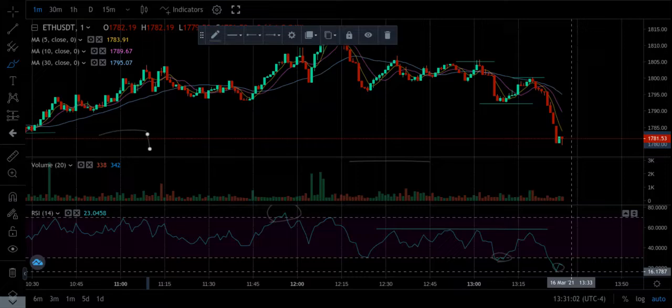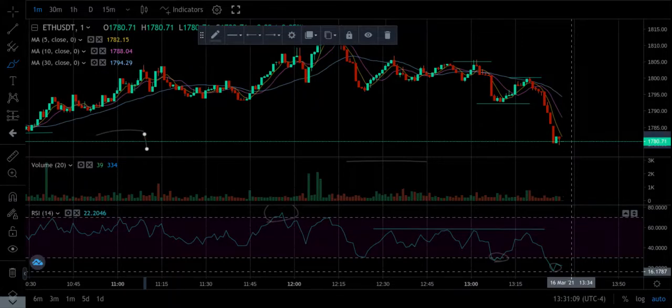Always entering on a low RSI, but on a support level. Now, support levels get broken all the time. Resistance levels get broken all the time. You just have to understand the probability of entering on support versus confirmation of support versus rejection.